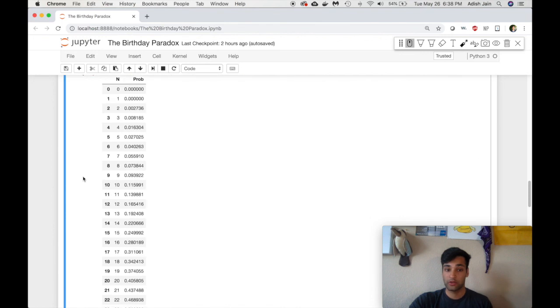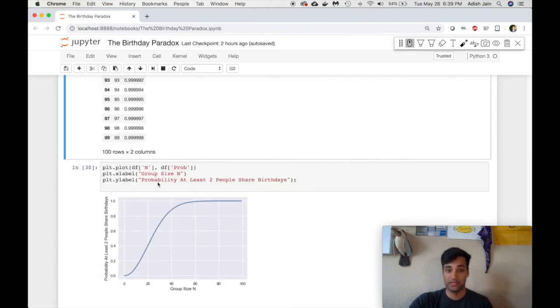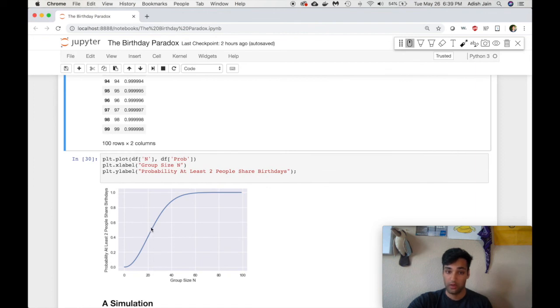We can plot these numbers here, and we see that at 23 we're already hitting that 50% mark. And by the time we're around 40, definitely around 60, we're almost guaranteed a match, which is really cool.